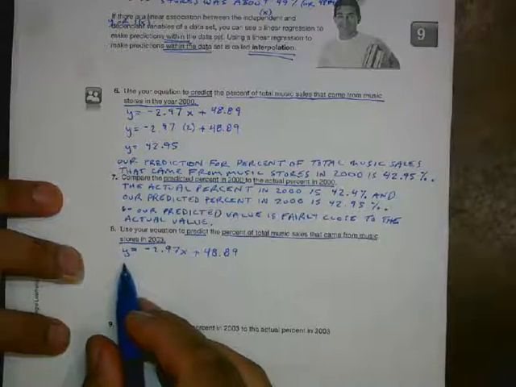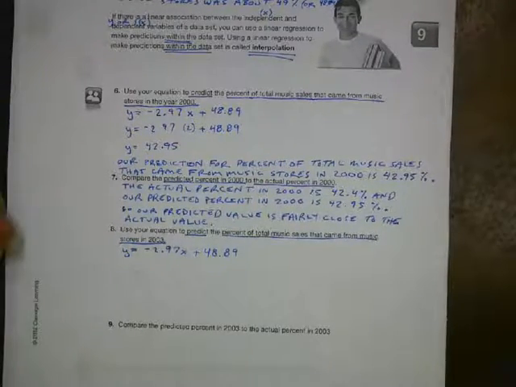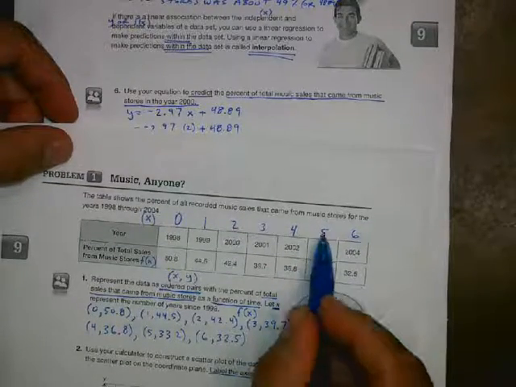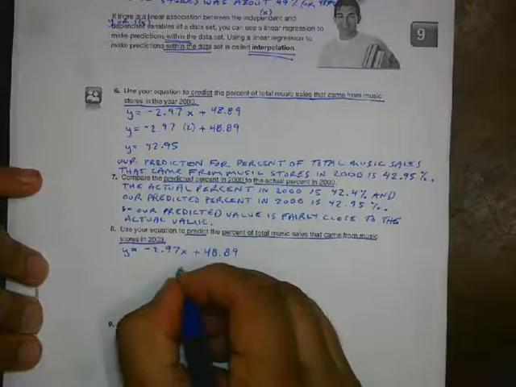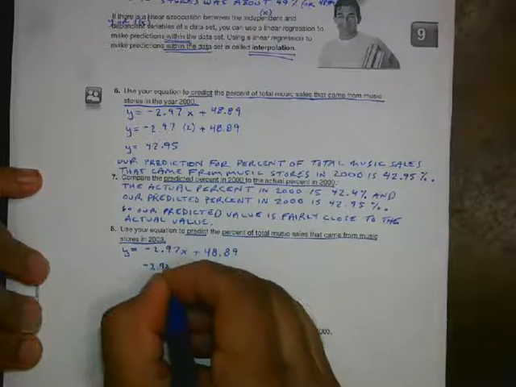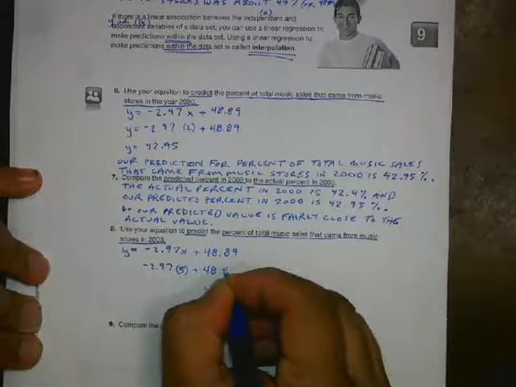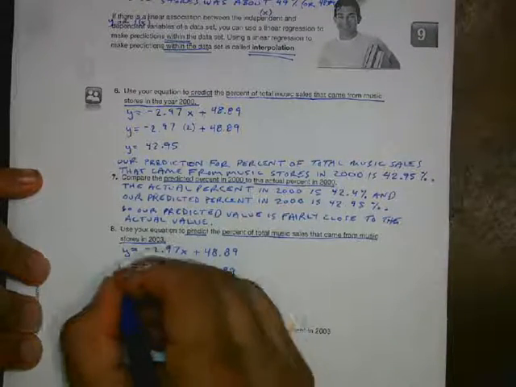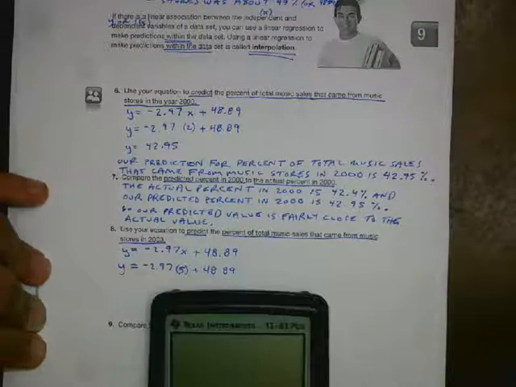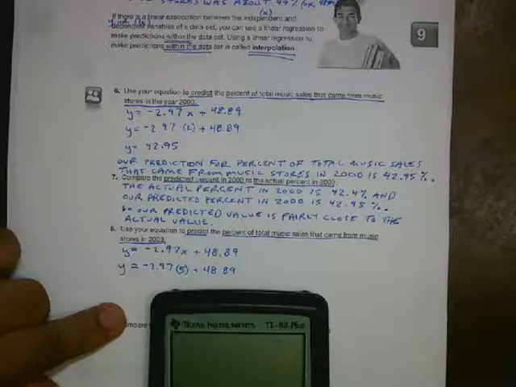And in 2003, well, we've got to look at how many years that is from 1998. We can take a look at the chart. 2003, that is 5 years from 1998. So we're going to enter 5 for the x. And we bring everything down. And let's go ahead and enter it in the calculator, because we do not have all the space.